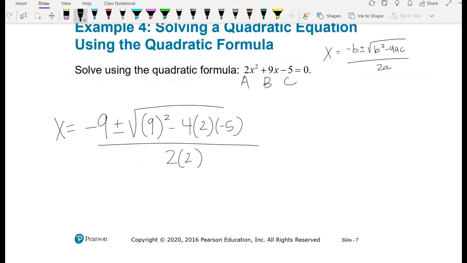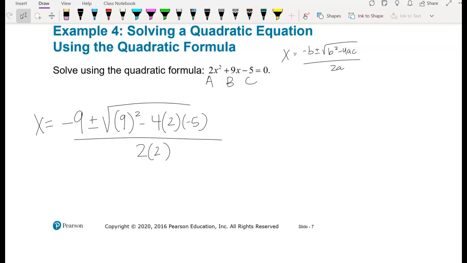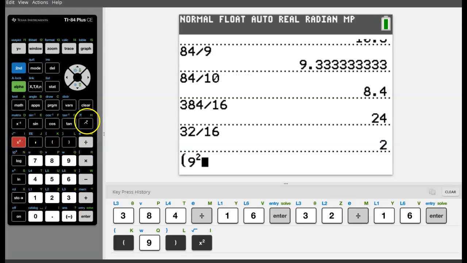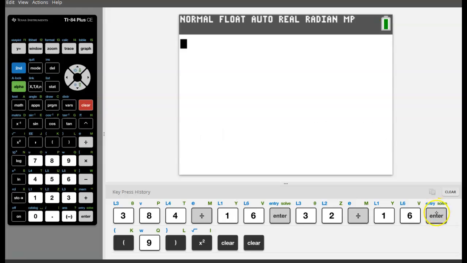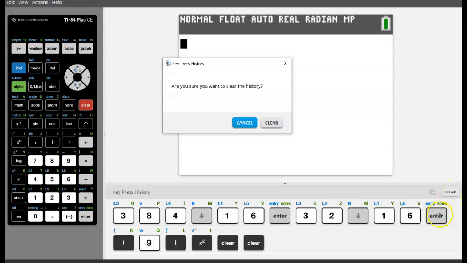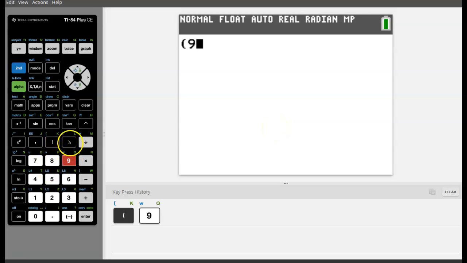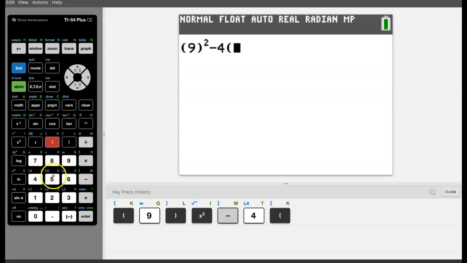Alright, and then you're just going to do your multiplication, adding and subtracting. So if you want, you can do that in your calculator. So 9 squared minus 4 times 2 times negative 5.